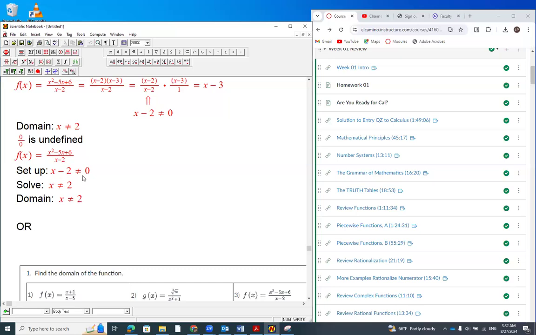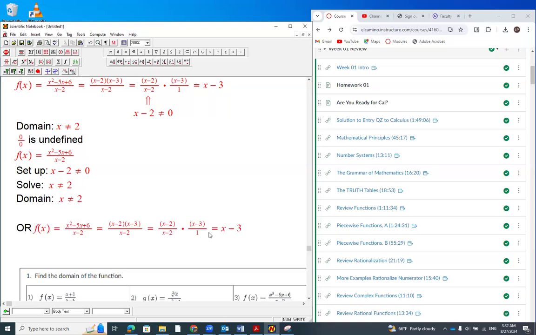If you have reduced it and you get that, and then you tell the teacher that the domain is all real numbers, this is the case that you are wrong, because the reduction cannot be done. So don't do this. You don't need to do reduction.